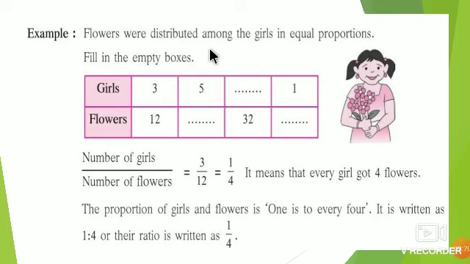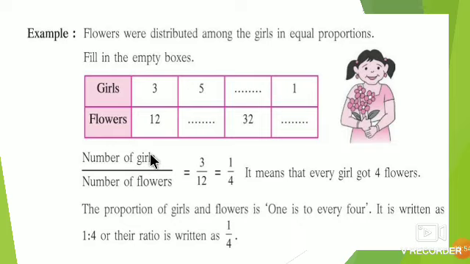Flowers were distributed among the girls in equal proportions. Fill in the empty boxes. Here the number of girls and the number of flowers are given. 3 girls and 12 flowers. It means 12 flowers are distributed among 3 girls. So each girl will get 4 flowers. Now in the same proportion we have to distribute the flowers among the girls here.